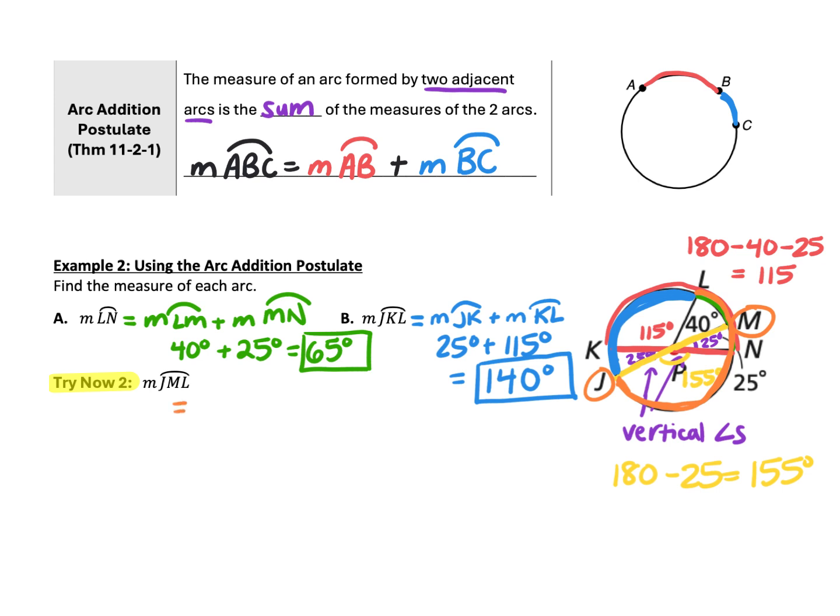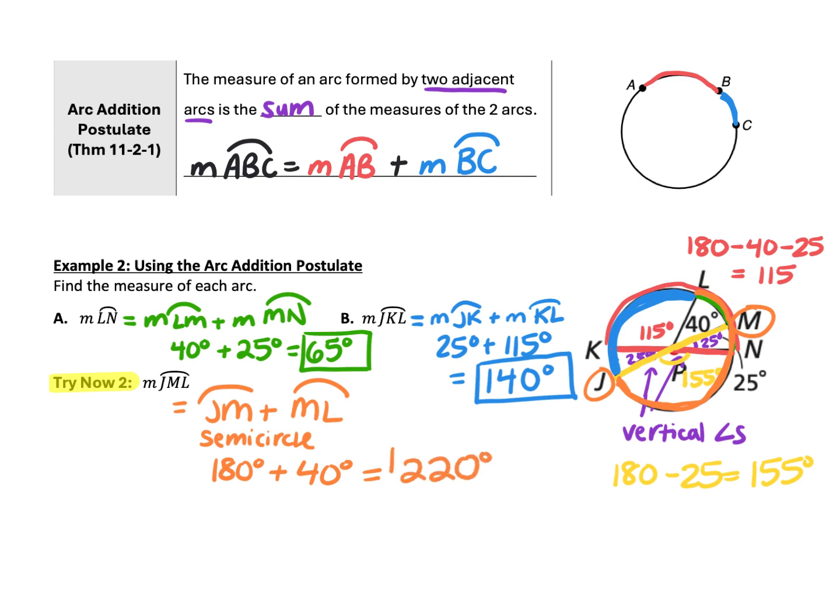So arc JM plus arc ML. Well, JM is a semicircle, and we know that semicircles are 180 degrees. Add arc ML, which we can see is 40 degrees, and that gives us a measure of 220 degrees.